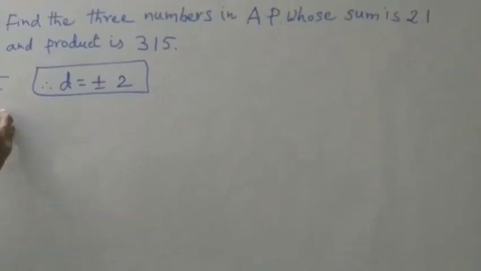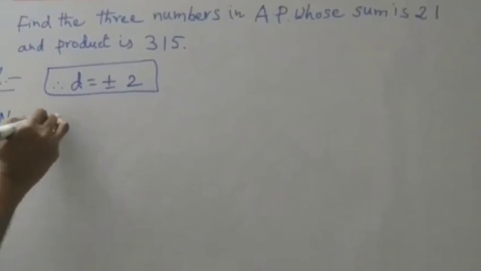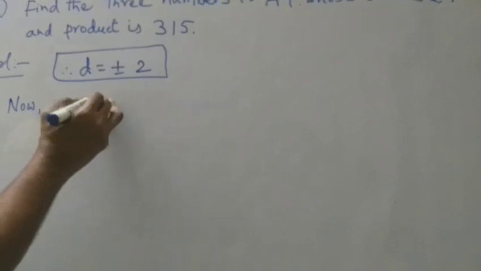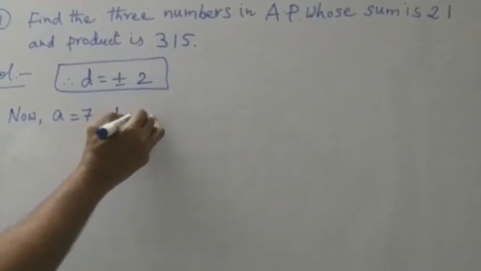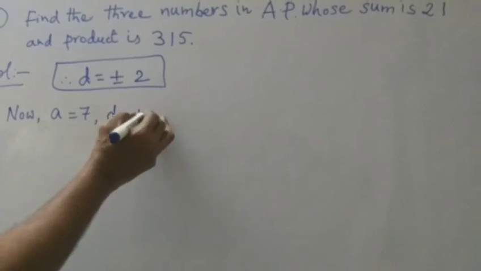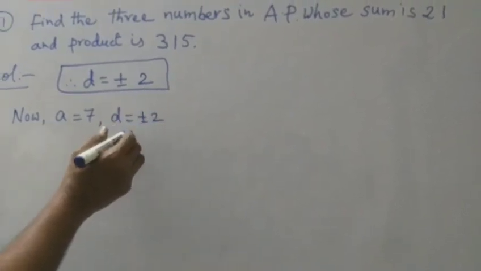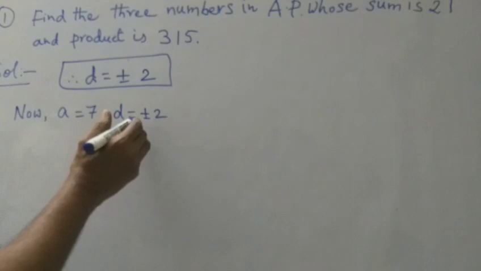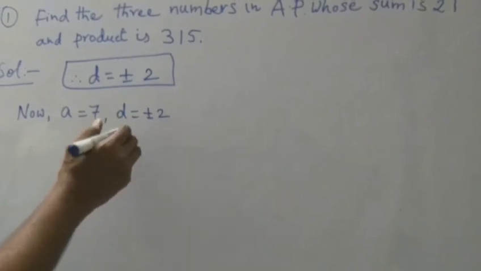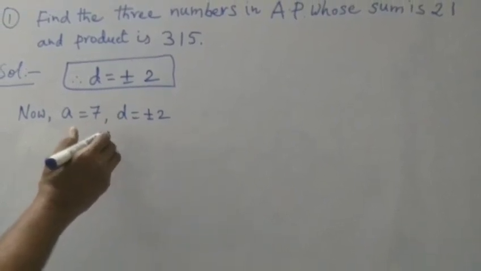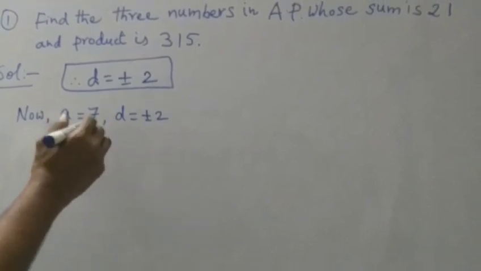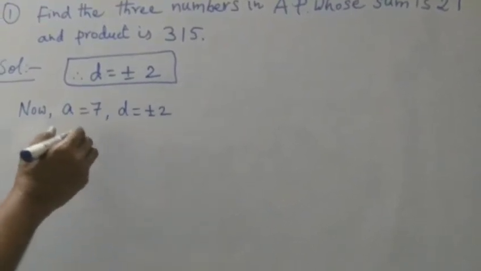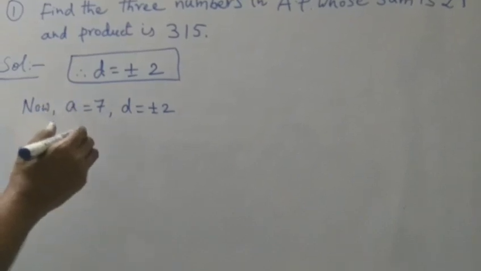Now a is equal to 7, d is equal to plus or minus 2. Here the d value is plus 2 and minus 2, which we just got. So we can apply d value plus 2 and minus 2 to get the required terms. It will come in two cases.